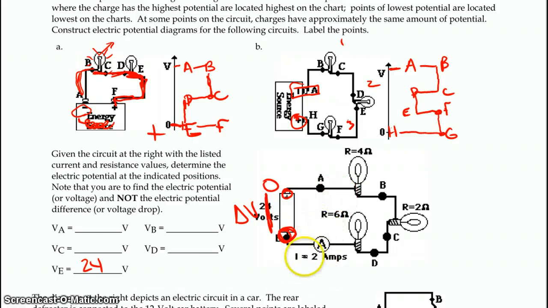Now as we go through the first ammeter, we see that we've got 2 amps flowing through the wire. A good ammeter, a perfect ammeter, would have a resistance of 0, so there will be no potential difference across an ammeter. We're going to assume that they are high quality meters. Now as we go through this light bulb, we're going to lose a certain amount of our potential.